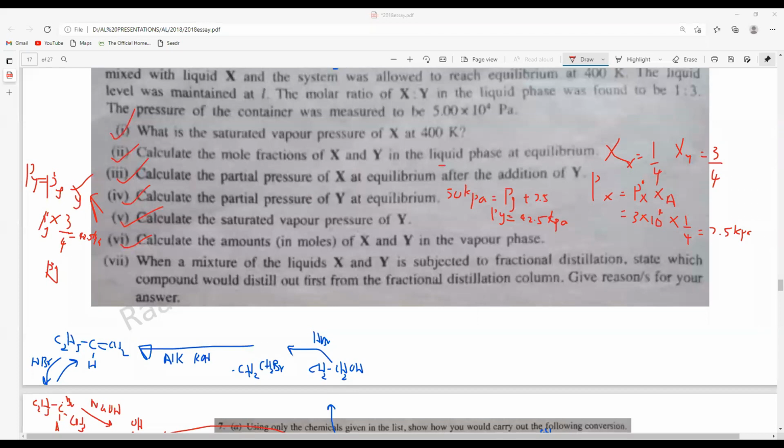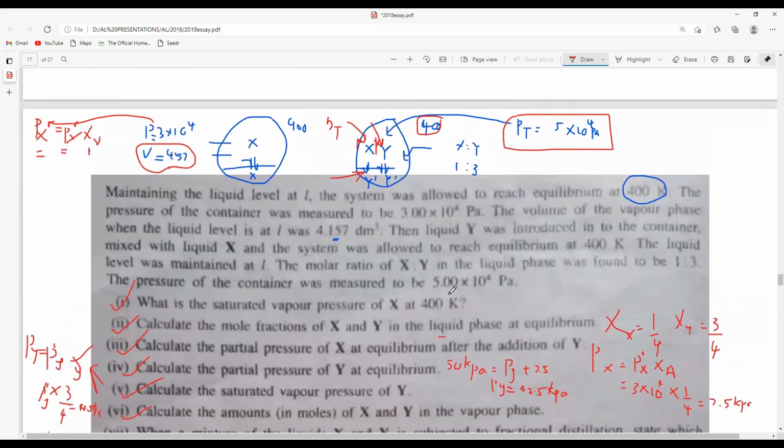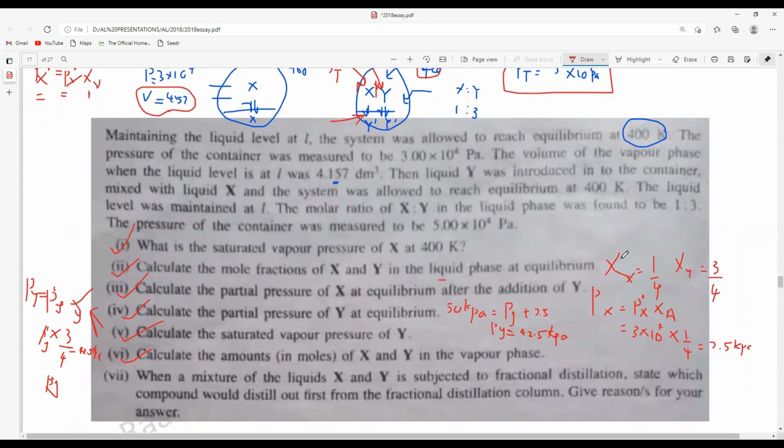So our answer came from the beginning, because when you check the saturated vapor pressures, you will see for P0X it will be very small, but for P0Y it will be very high. So P0Y is higher than P0X.